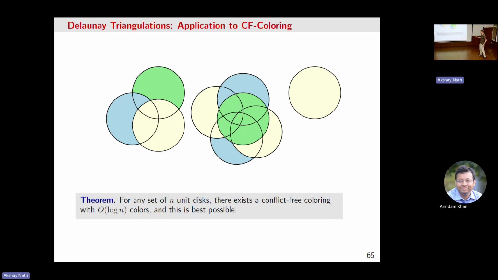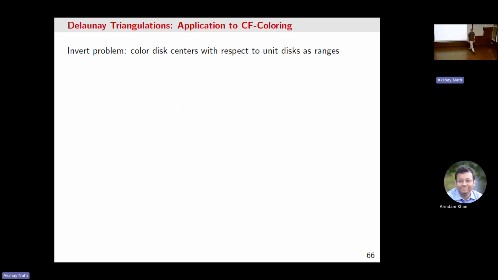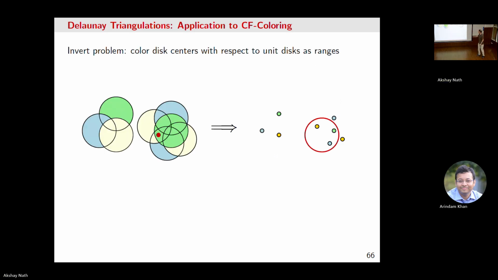So now I have unit disks. That means I can replace all the disks by their centers, so the disks become points, and I replace the point here by a unit disk.